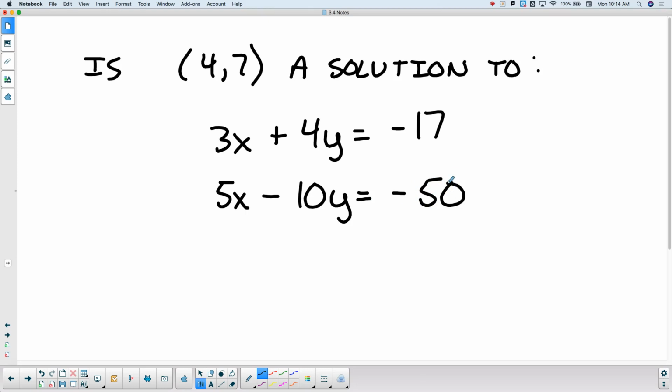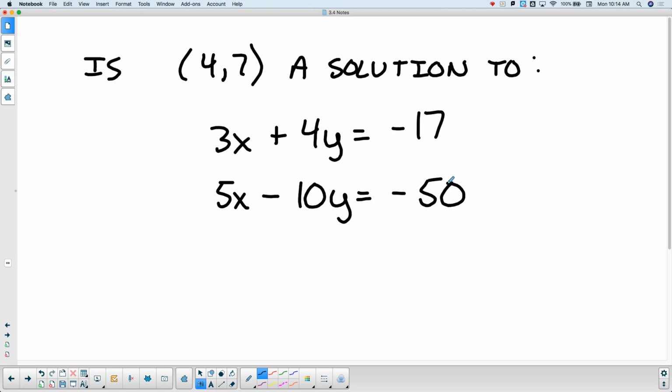What would you do if I gave you that question? Is 4, 7 a solution to that system of equations? Yes or no? How do you know? Okay. It doesn't work. Works in one of them, right?